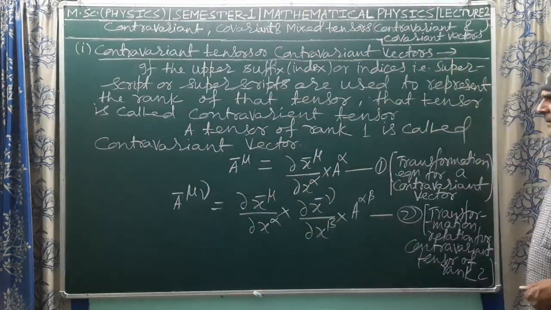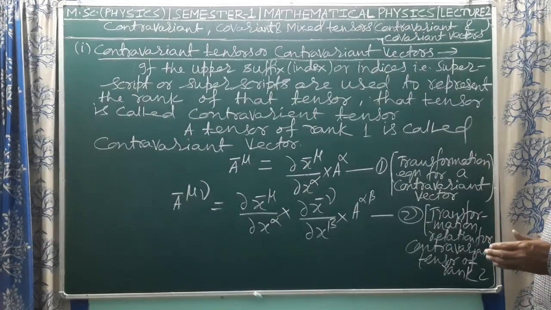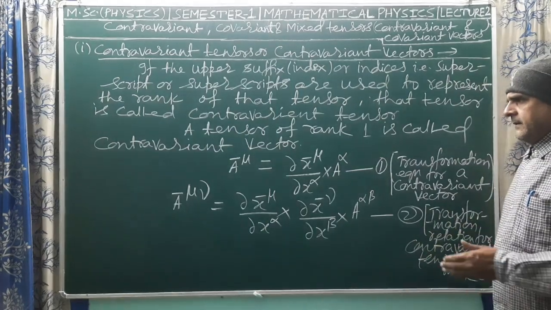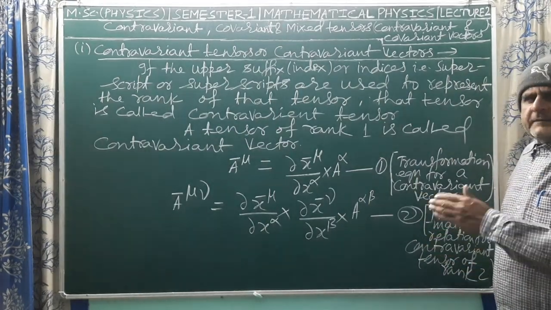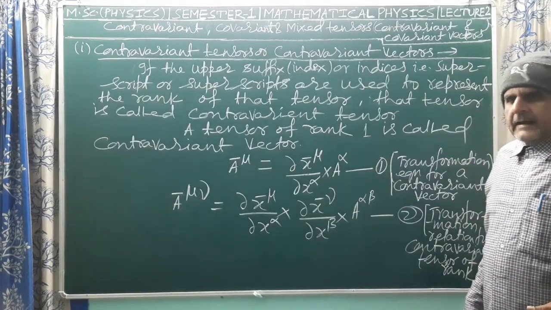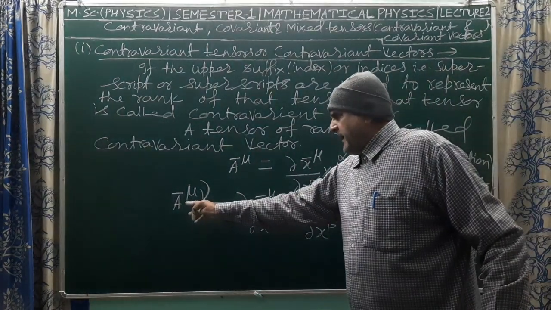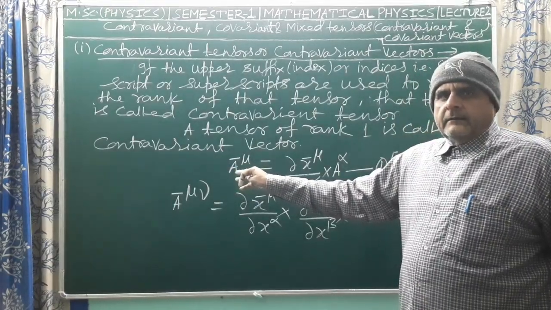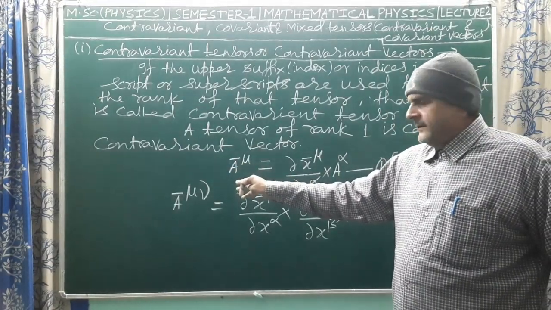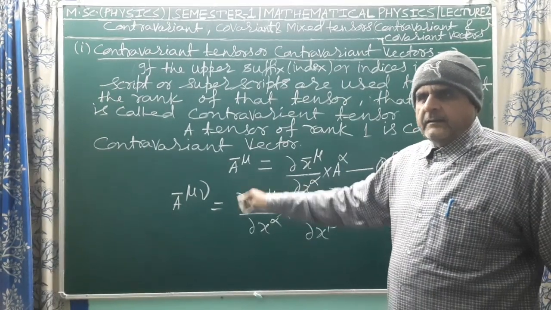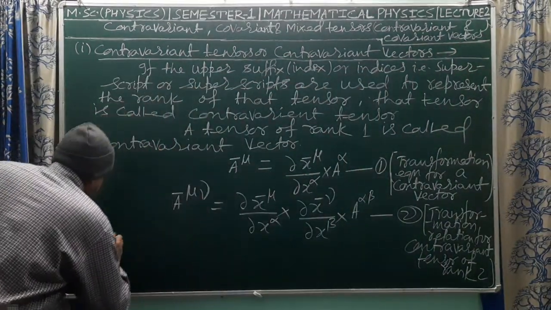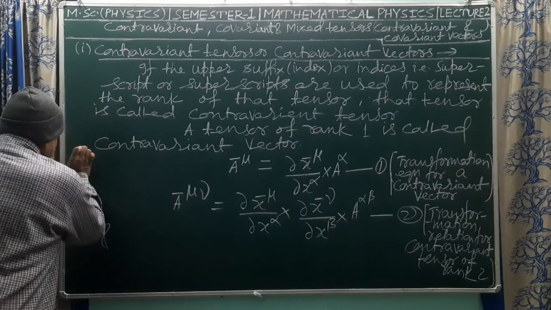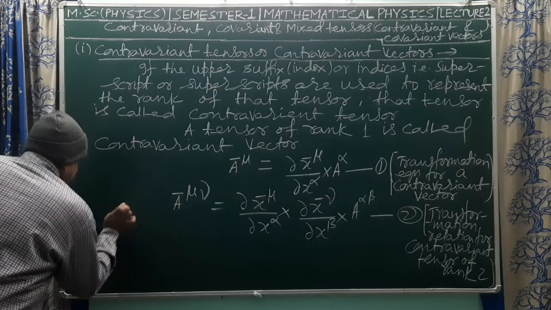Similarly, we can write the transformation relation for a contravariant tensor of rank 3. That is, we can express it as a bar mu nu and third upper index, suppose it is sigma.